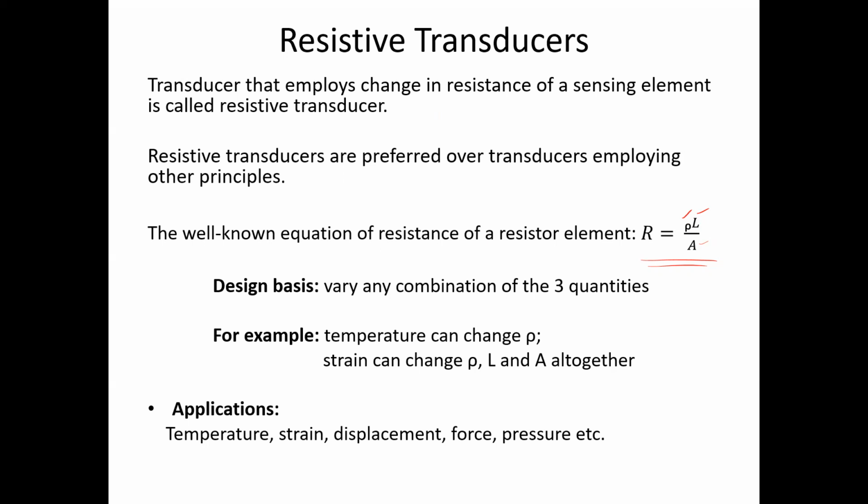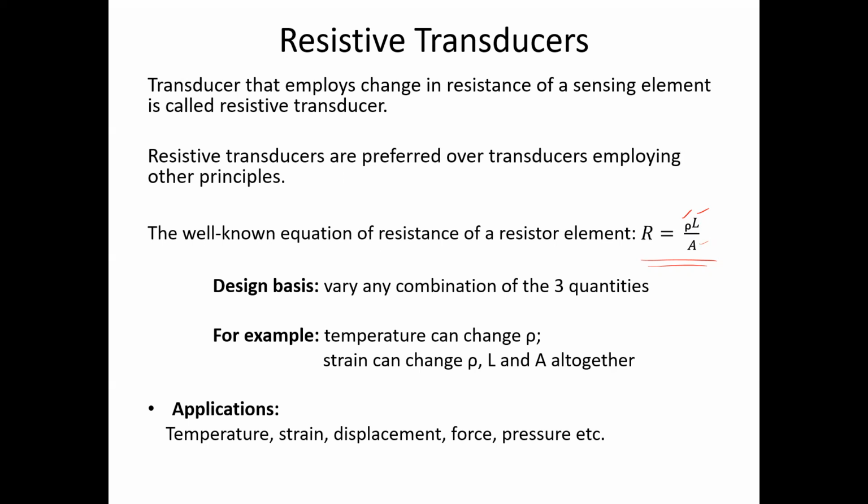So if any one or multiple of these three variables can be varied with respect to the change in the quantity that you want to measure, then the physical change can be represented in terms of the change in resistance.